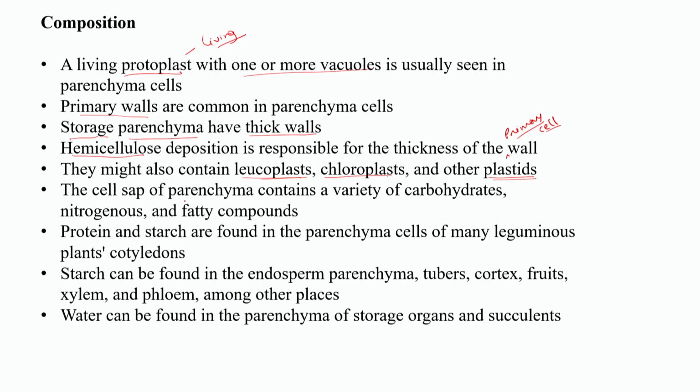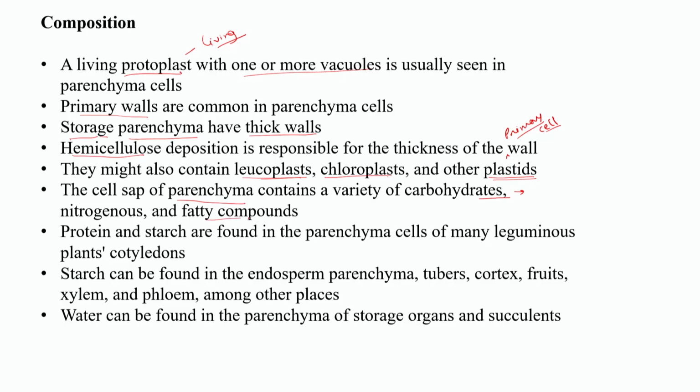Along with that, parenchyma also contains a lot of other metabolites like carbohydrates. Since it is living, it has to perform a lot of functions, so carbohydrates will give them energy. Then nitrogenous compounds, which we also discussed when talking about ergastic substances.